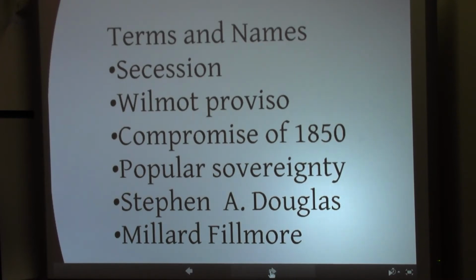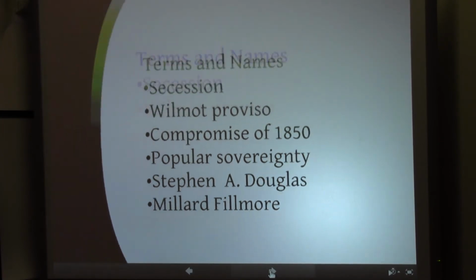Popular sovereignty: an idea that people living in a territory should make their own decisions, especially the decision to admit slavery to their state. Stephen A. Douglas: senator from Illinois who worked to pass the Compromise of 1850, and Millard Fillmore, the 13th President of the United States.